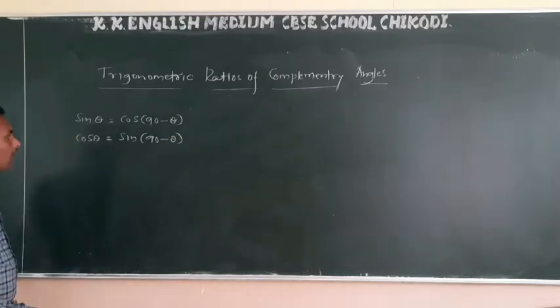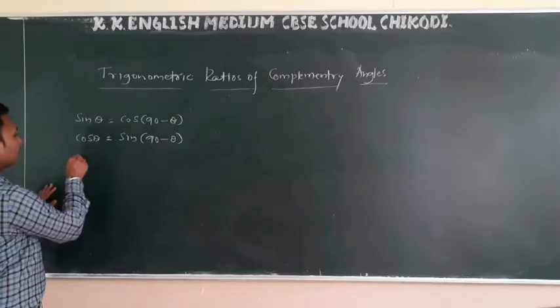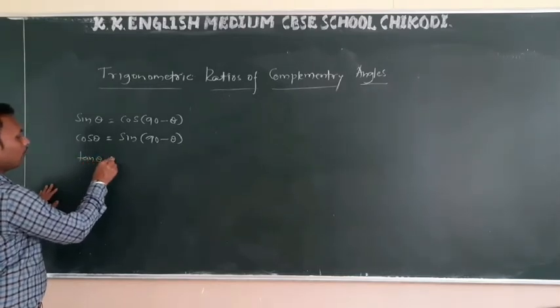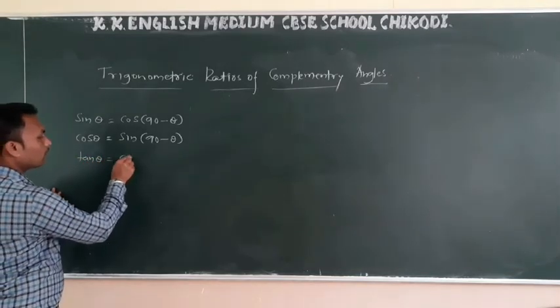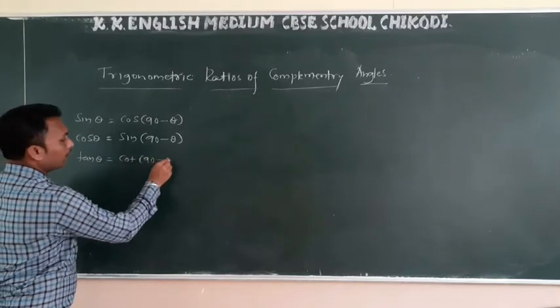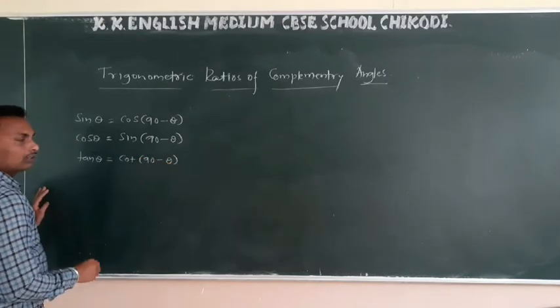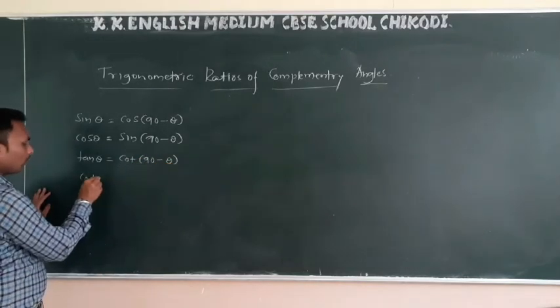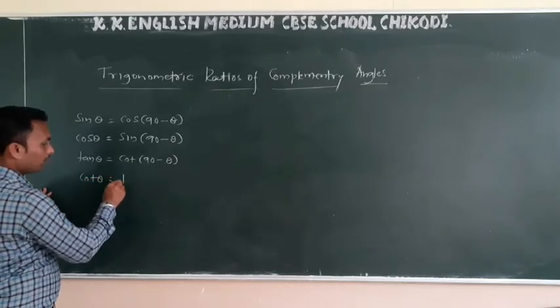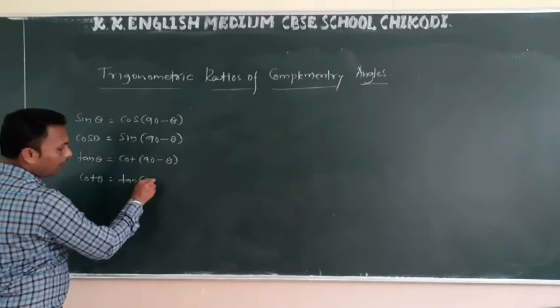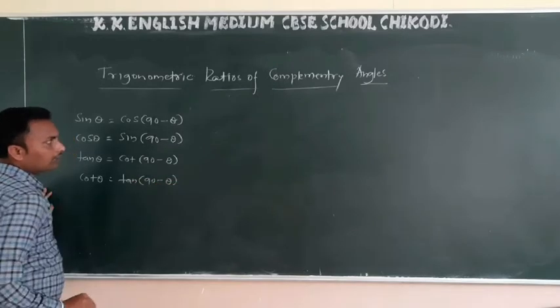Next we have tan of theta, we can write as cot of 90 minus theta. Now cot of theta is nothing but tan of 90 minus theta.